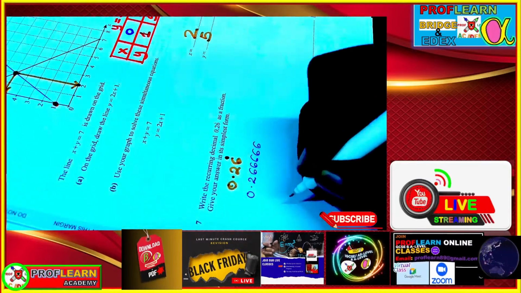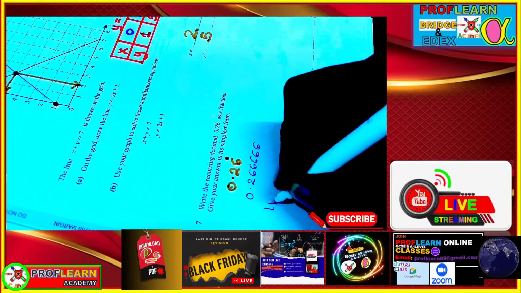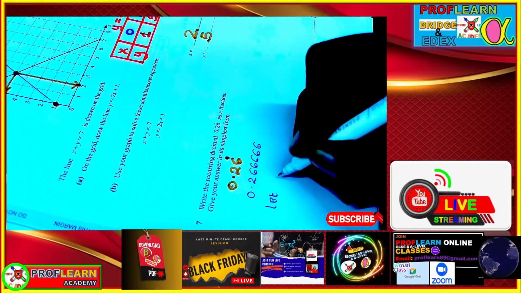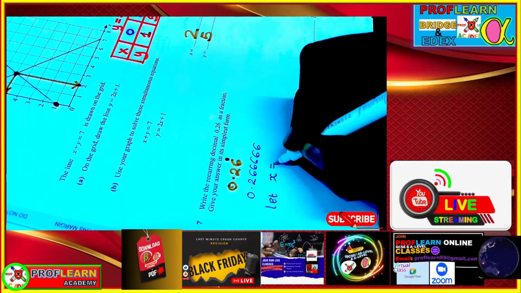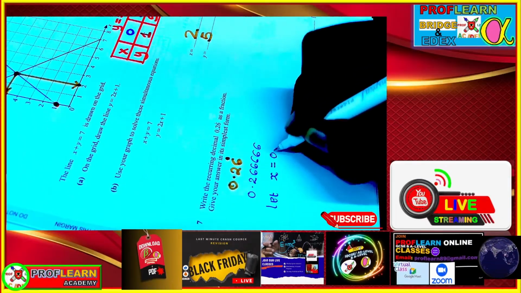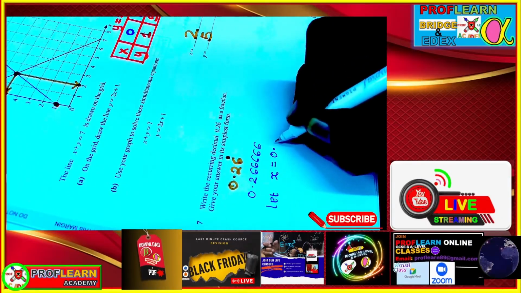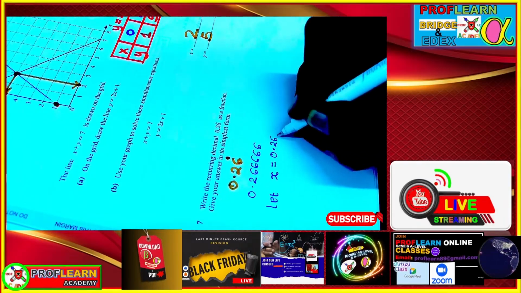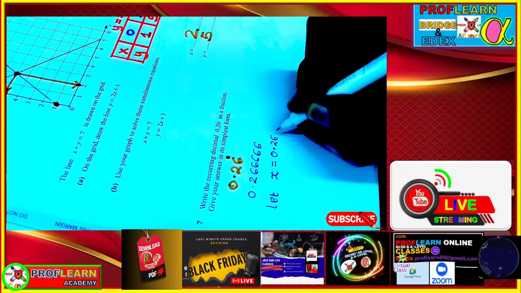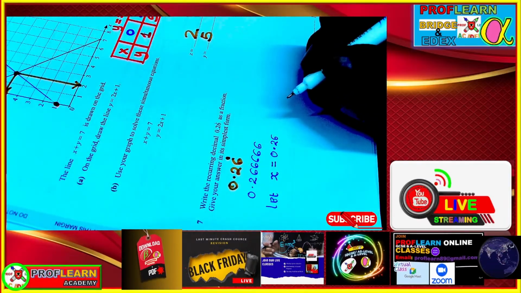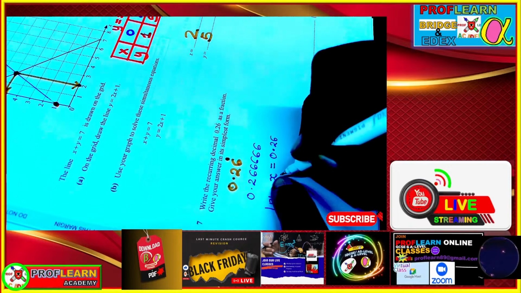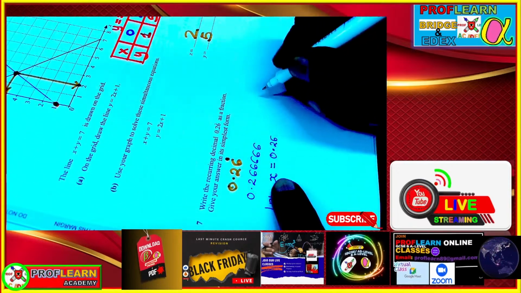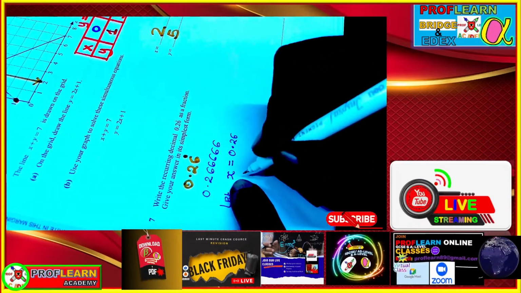We are going to say, let x equal 0.26. I'm writing it to 2 decimal places. Then if I say let x be 0.26, I'm going to increase this now.